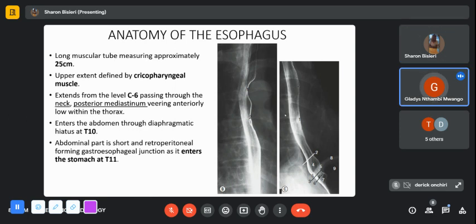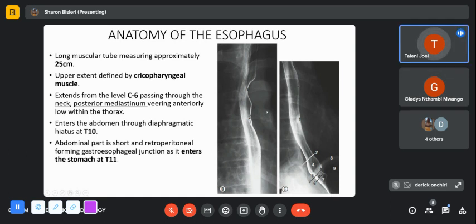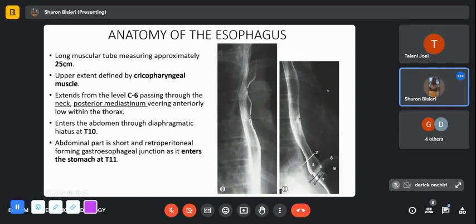Let's have people quickly volunteering so that we don't waste time. Or do you want me to call out names? I can. Okay, Taleni. So the first is being caused by the aortic arch, yes, and then two is by the left main bronchus. True. It's just those two, right? Yes, for image B, it's just these two.